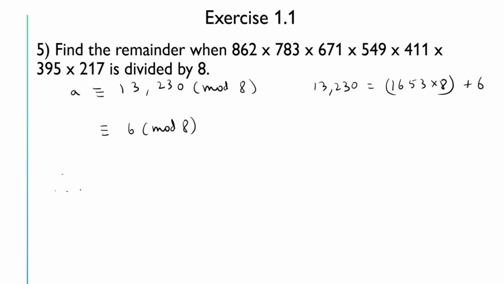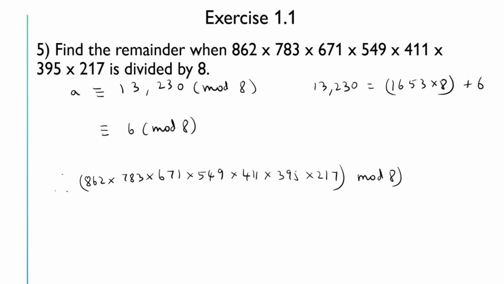Or we can write, therefore, 862 into 783 into 671 into 549 into 411 into 395 into 217 mod 8 is equal to 6. So when we multiply all these numbers and divide by 8, we get the remainder as 6.